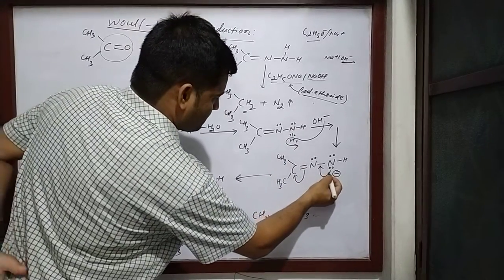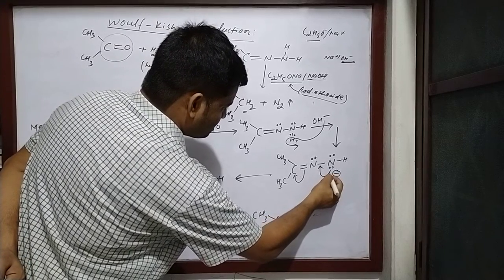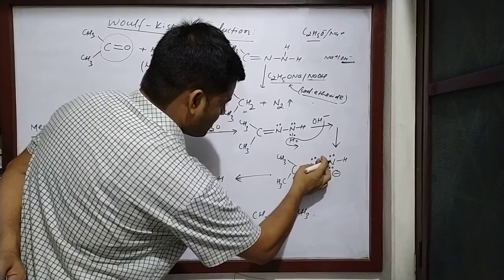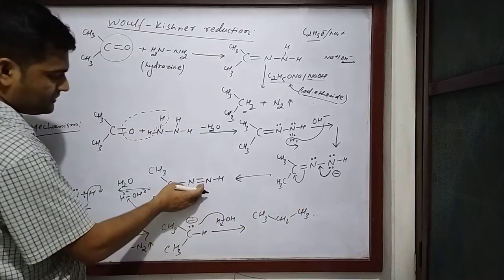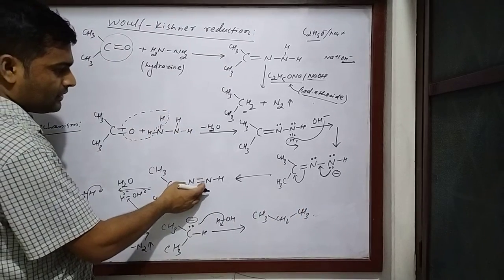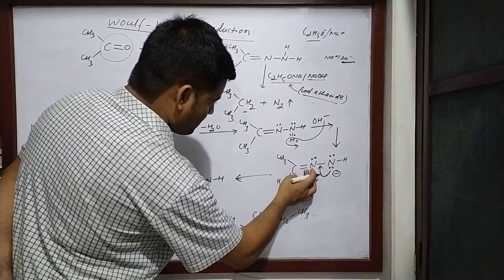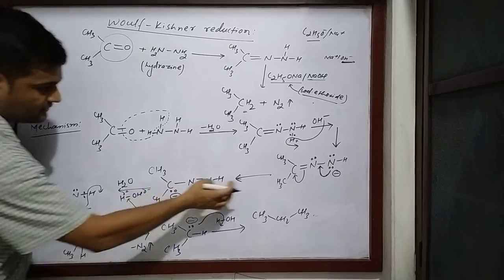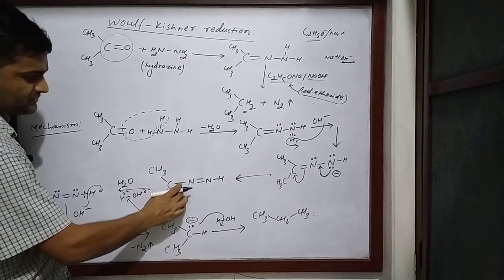In the next step, the pair of electrons, the negative charge, shifts between the nitrogens to form a double bond. Here a double bond forms between the nitrogens, and as this happens one pi bond shifts towards the carbon, so a negative charge forms on the carbon.